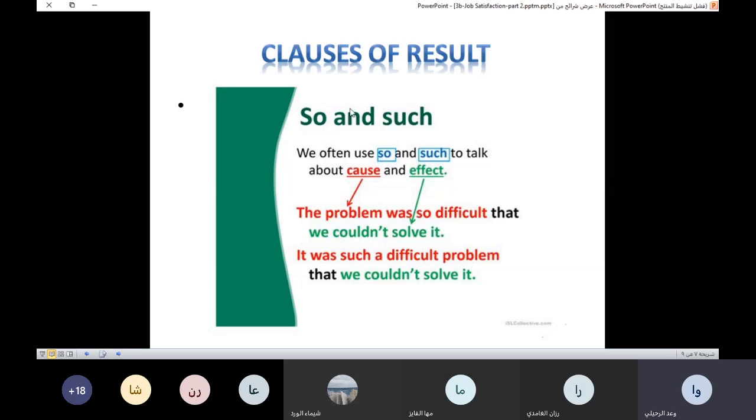But remember, in the exclamatory sentence, I use so before the adjective, but such should be followed by a noun or adjective plus noun. So, for example, I will have the cause: the problem was so difficult. Okay, what is the effect? That we couldn't solve it. It was such a difficult problem. Now he used such. Again, can you see adjective and then there is a noun? That we couldn't solve it.